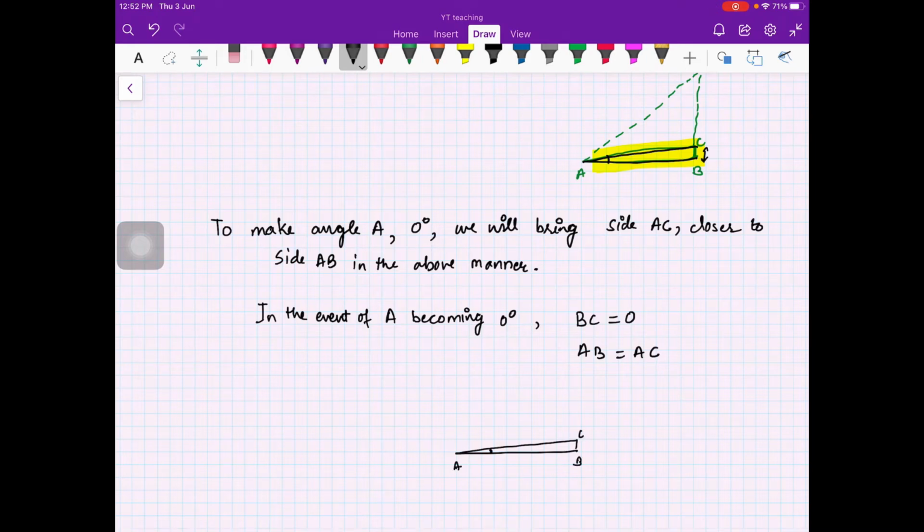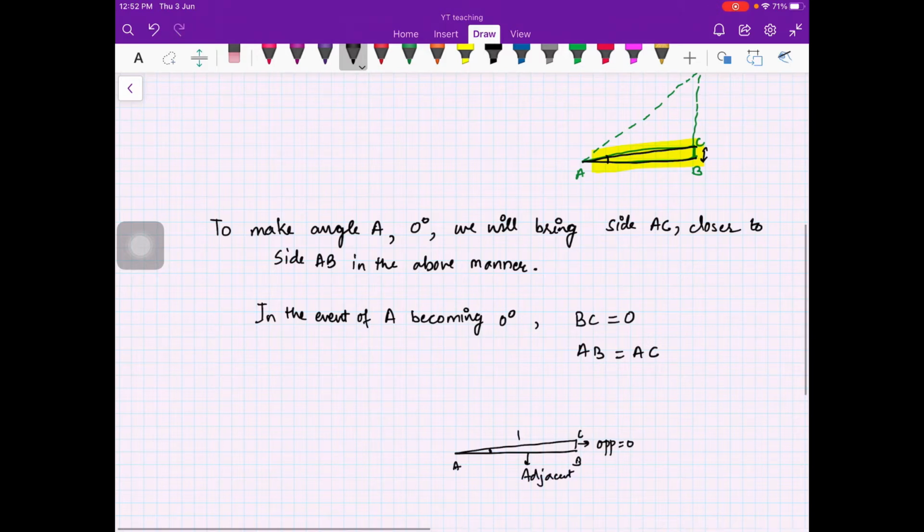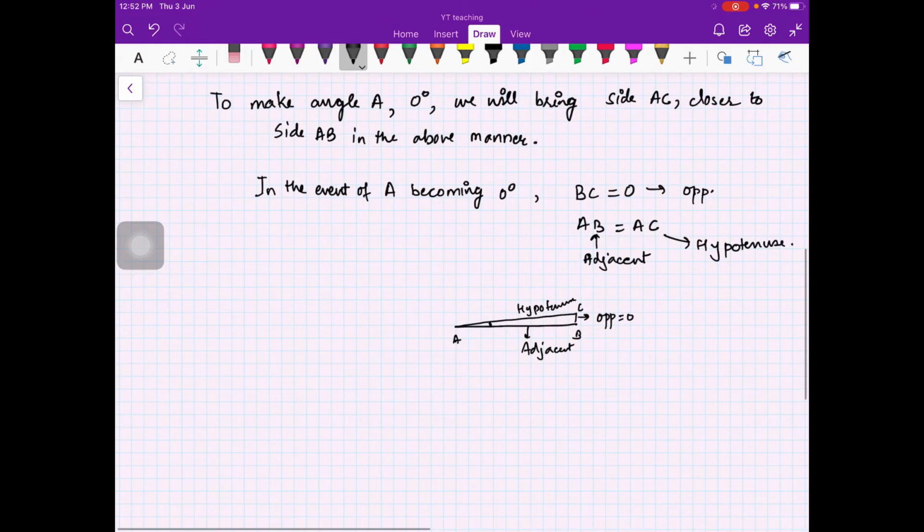If this angle is 0, then the opposite side is 0, and the base, or adjacent, and the hypotenuse are the same. So this is your opposite side, this is your adjacent side, and this is your hypotenuse. Now you have information about all three sides.